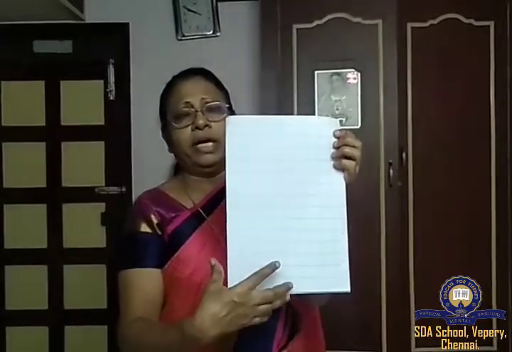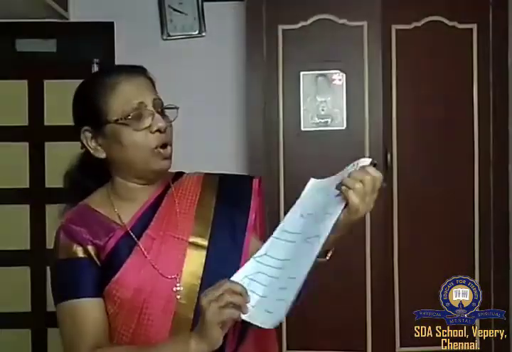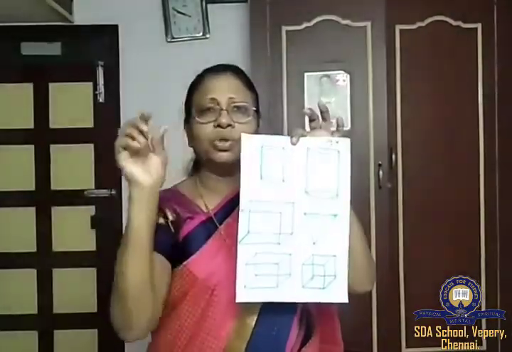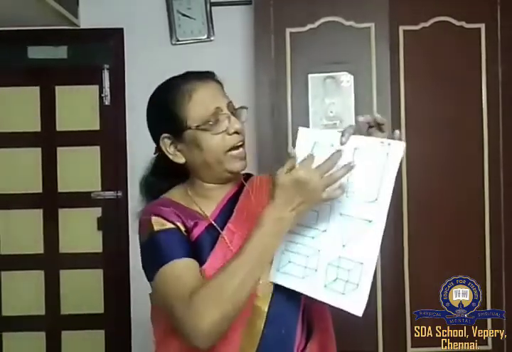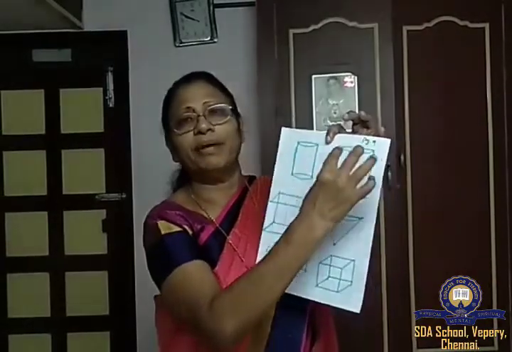After drawing the lines, you can trace some figures on this using those squares. This is an activity on page number 9. Here you can draw a small cylinder and a big cylinder.